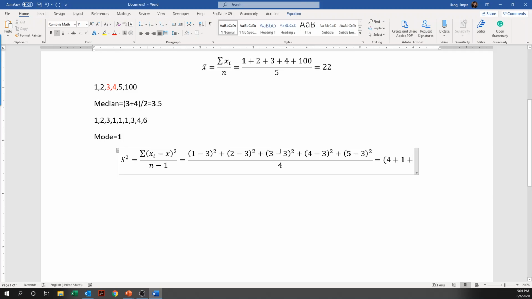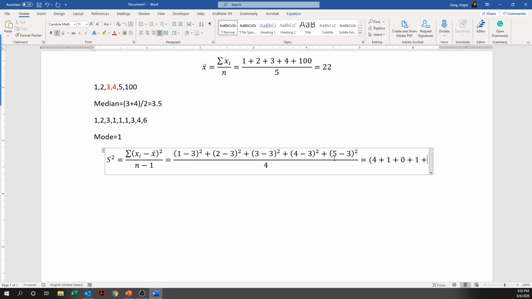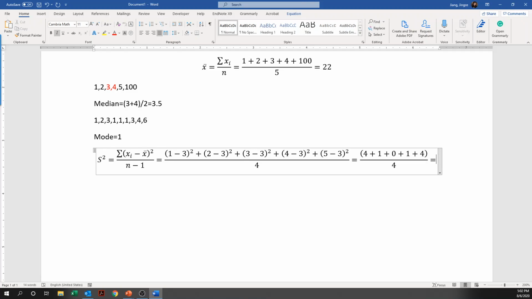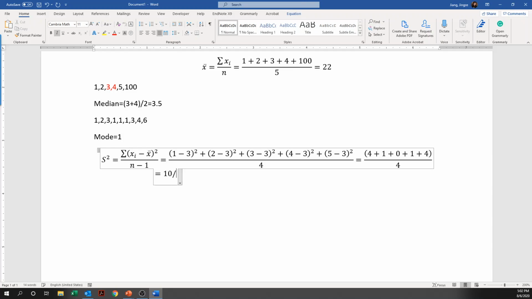Then 3 minus 3 equals 0, and 0 squared equals 0. Then 4 minus 3 equals 1, and 1 squared equals 1. Then 5 minus 3 equals 2, and 2 squared equals 4. This is divided by 4, so 10 divided by 4 equals 2.5. The variance for this case equals 2.5.